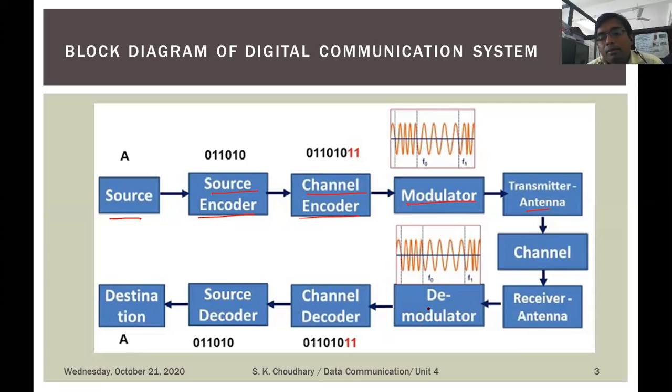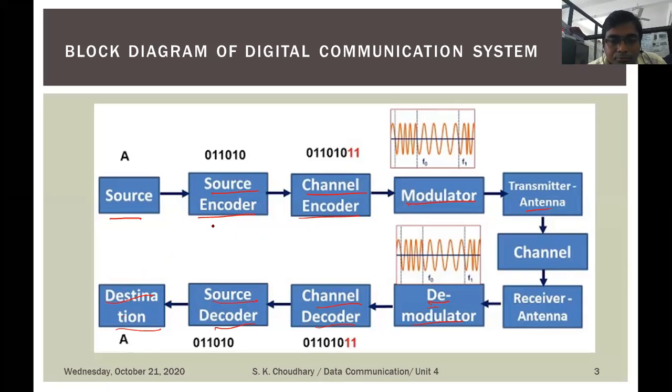At that end, again the demodulation, the reverse process of the modulator, would be there, and then after demodulation the message would be passed to the channel decoder, where it would be decrypted, and then passed to the source decoder, where the redundant bits are removed, and finally the original information or equivalent to the original information would reach the destination, whoever the user is, he would receive it there. So in this way, this whole process is going on.